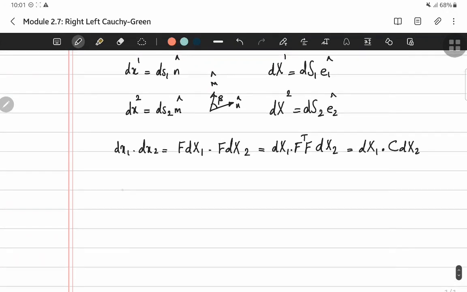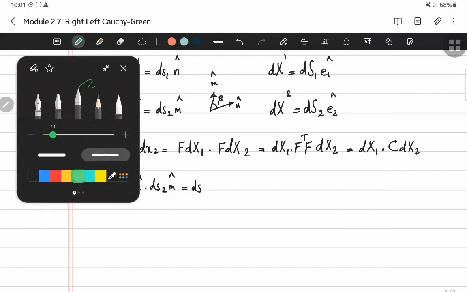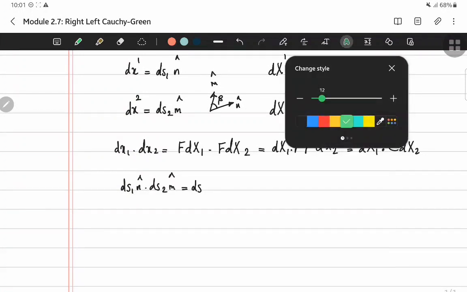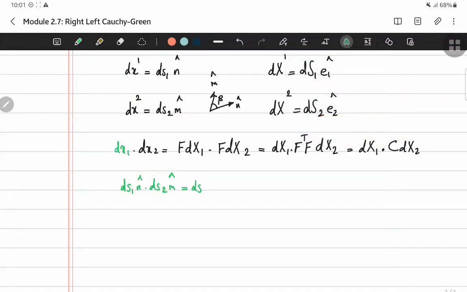So here I have ds1 n dot ds2 m. Let me write it with another color, and change this side of the equation.